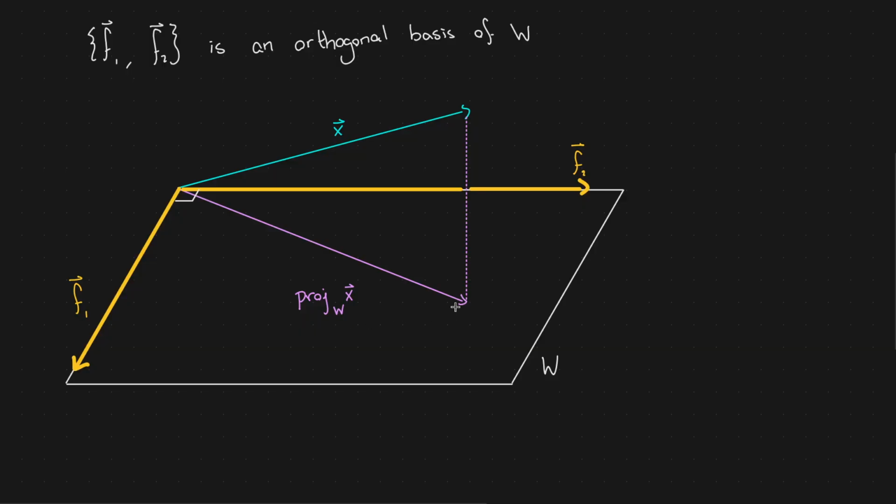So we want how much of vector x is being projected onto vector F1, and how much is being projected onto vector F2.